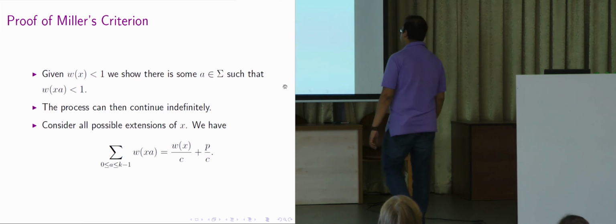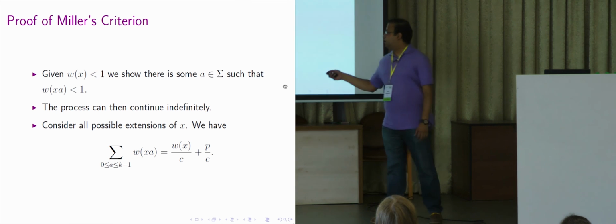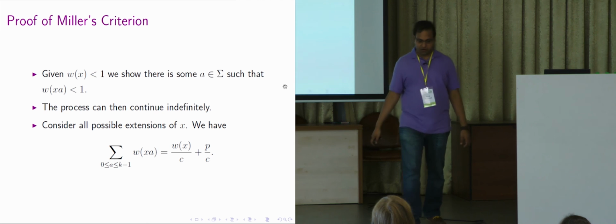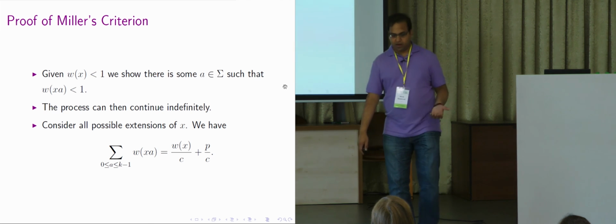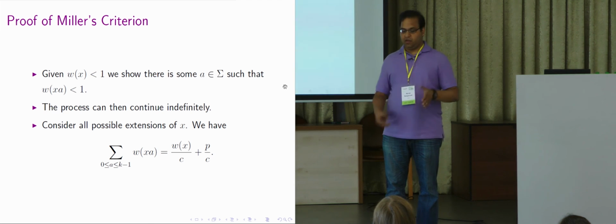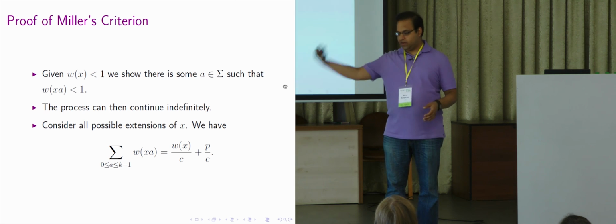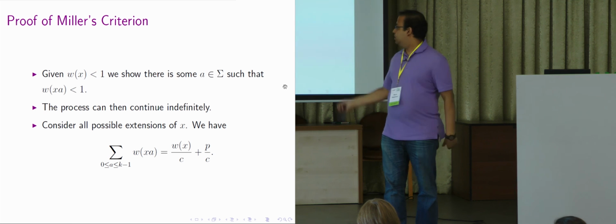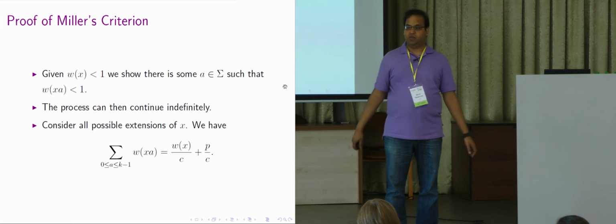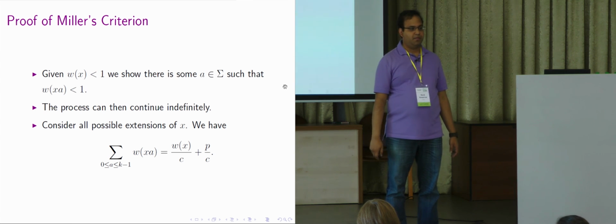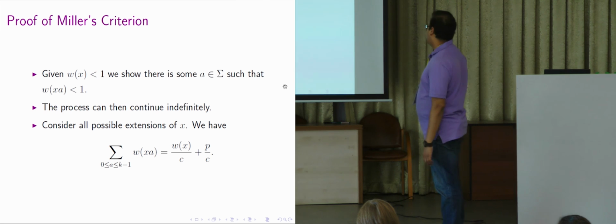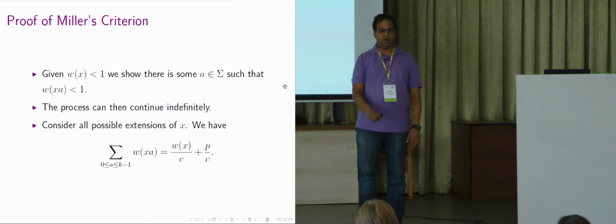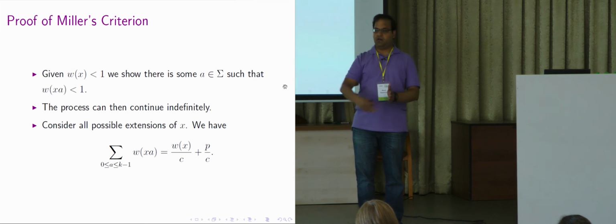Now here's the important step of the proof. I have to show that if I have a word x with weight less than 1, there always exists a choice of letter to extend it such that the extension also has weight less than 1. Once I show that, the process just continues forever, and I can generate an infinite word.